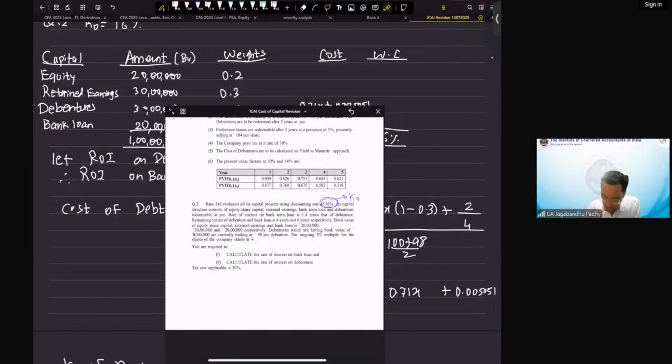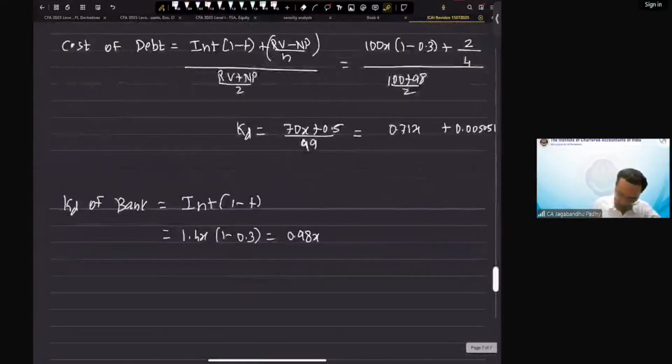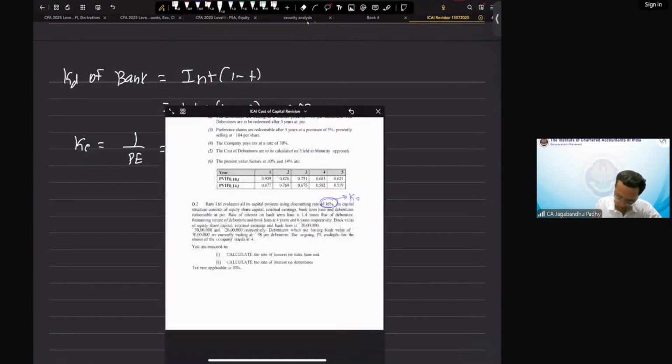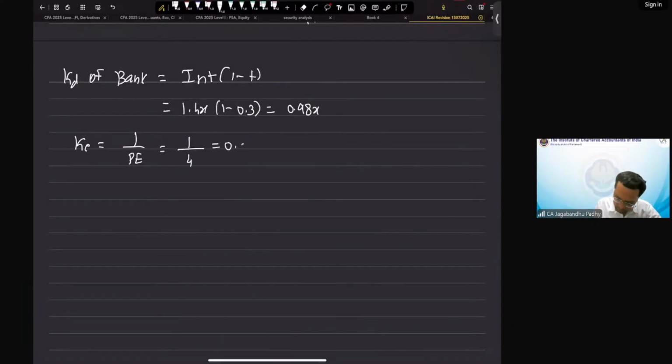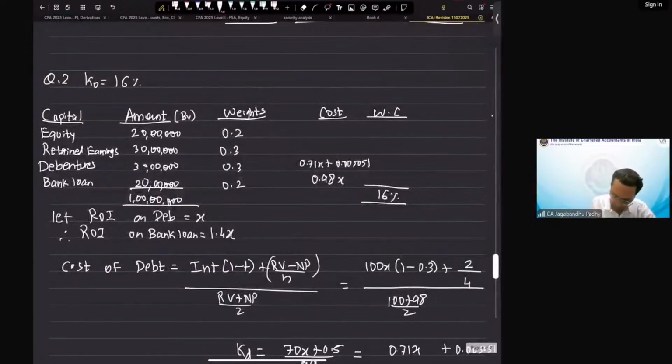We just have information for cost of equity that the shares are trading at a PE of 4. Since we have the PE, the cost of equity is 1 upon PE ratio, which is 1 upon 4, which is 0.25.